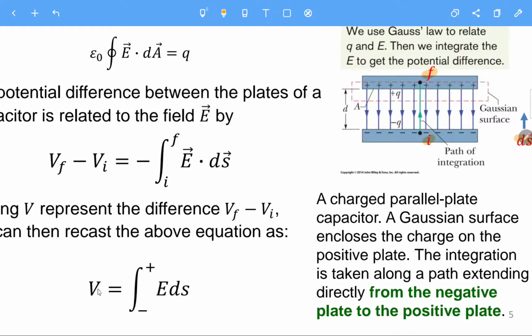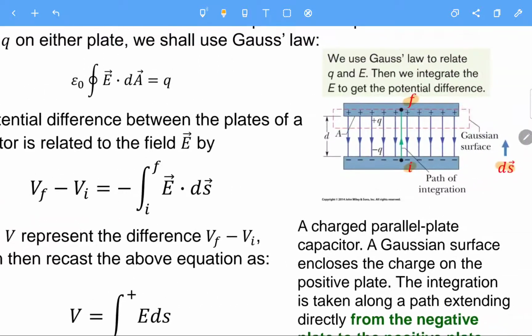So here we have a V. V is actually the potential difference between F and I, Vf minus Vi. And then I is the negative, so we put a negative sign here and a positive sign for the F. So E and ds are parallel and in opposite direction. So E dot ds is minus E ds, and then the minus signs cancel. So we have this expression.